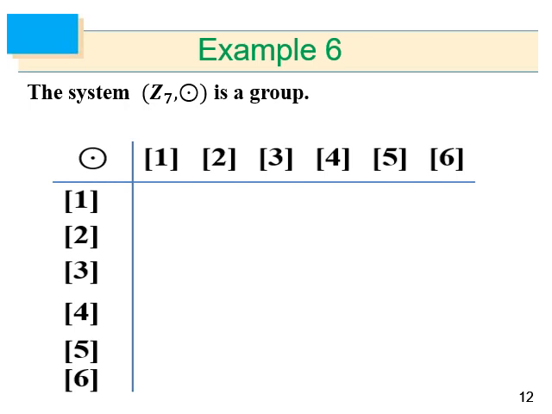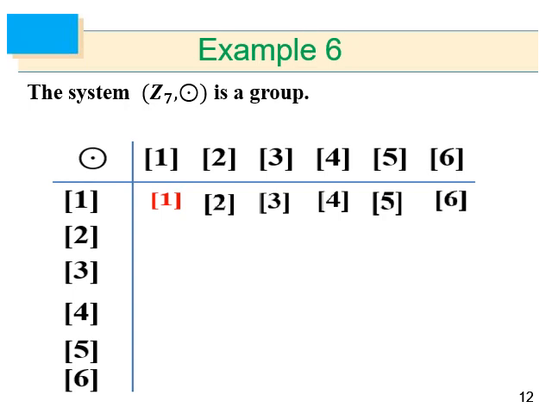If we multiply the congruence class 1 with the congruence class 1, we have the congruence class 1. If we multiply 1 with 2, we have 2. The product of 1 by 3 gives 3, by 4 gives 4, by 5 gives 5, by 6 gives 6.